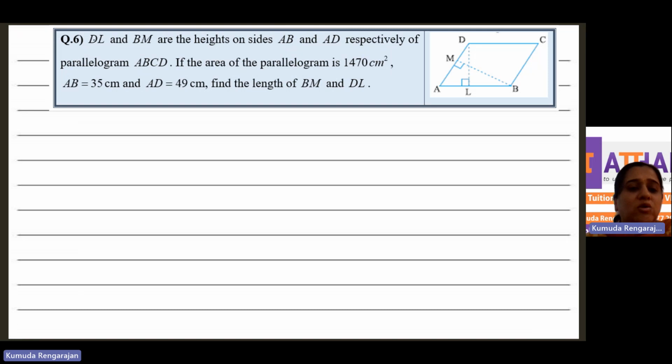Of parallelogram ABCD. If the area of the parallelogram is 1470 centimeters square and AB is 35 centimeters, AD is 49 centimeters, find the length of BM and DL. It's a very, very easy question. I'll work it out, and then I'll ask each one of you to explain in parts.